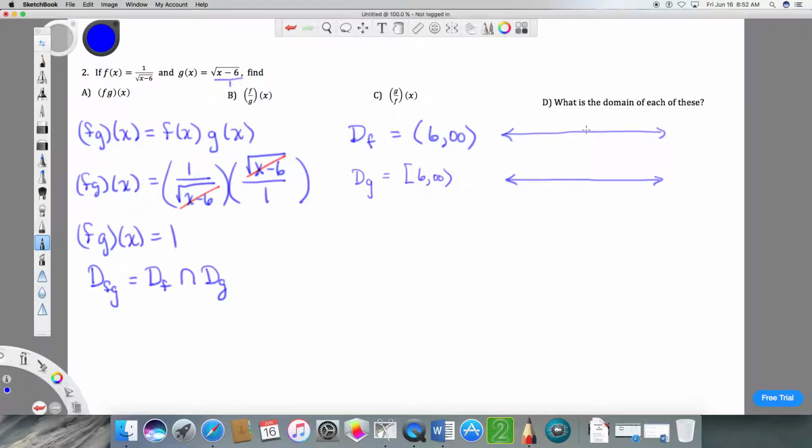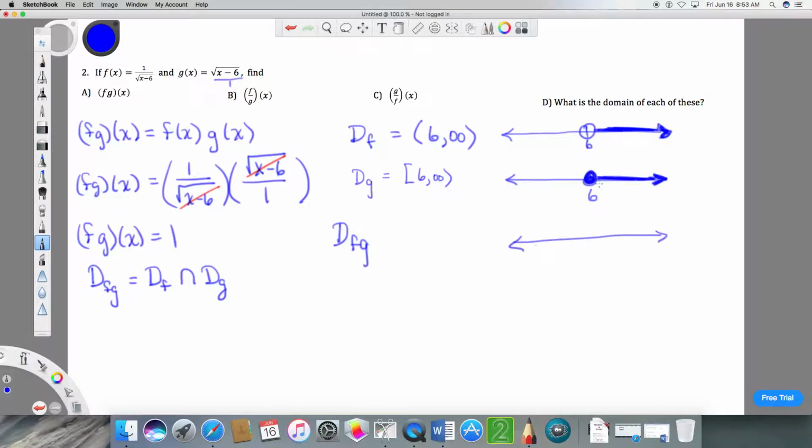For the domain of f, we exclude the number 6 and include numbers that are greater than 6. So here's how we would sketch the domain of f. For the domain of g, we include 6 and all numbers greater than 6. So to be in the intersection, to be in this domain of this product fg, you have to be in both sets.